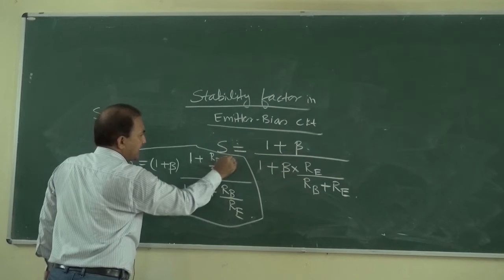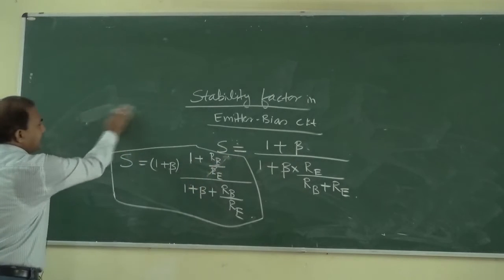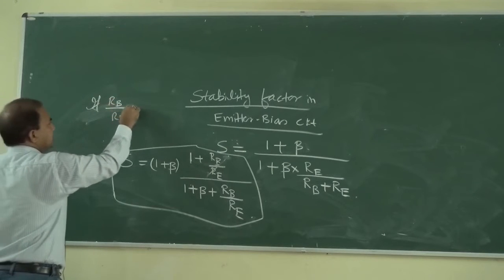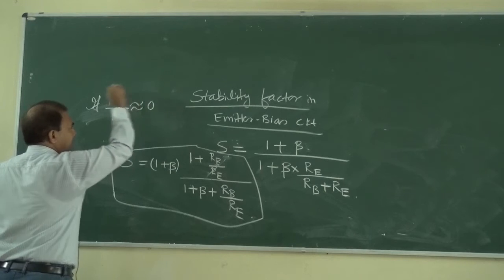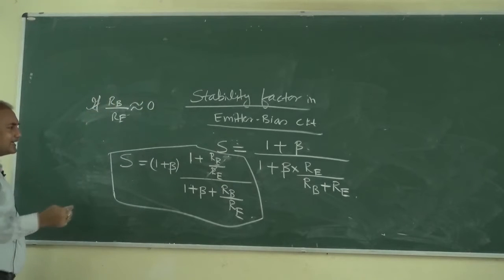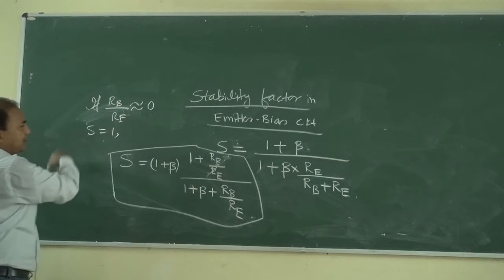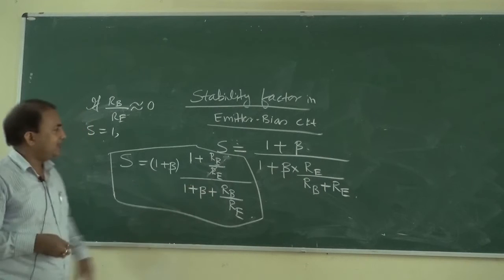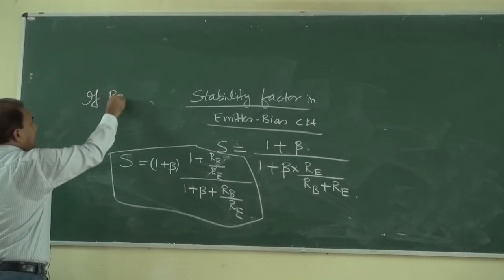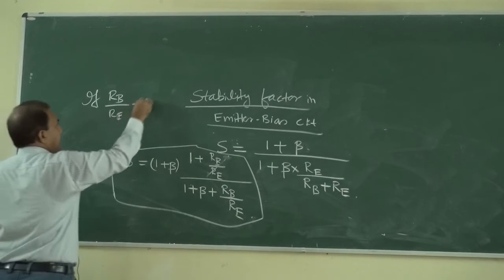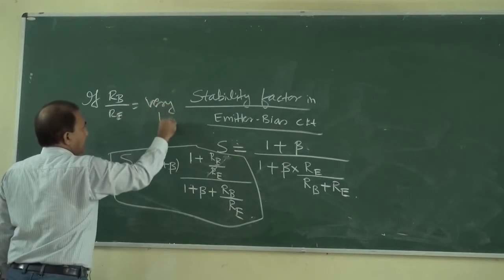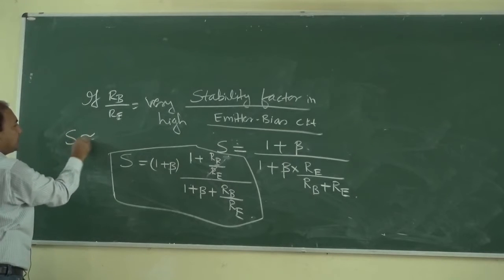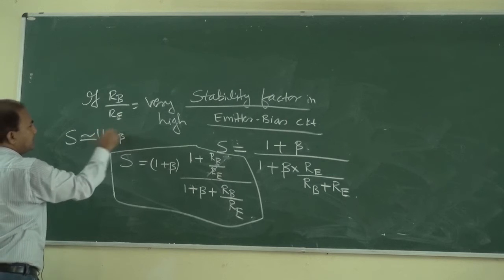And if RB by RE is very high, then S is approximately equal to 1 plus beta.